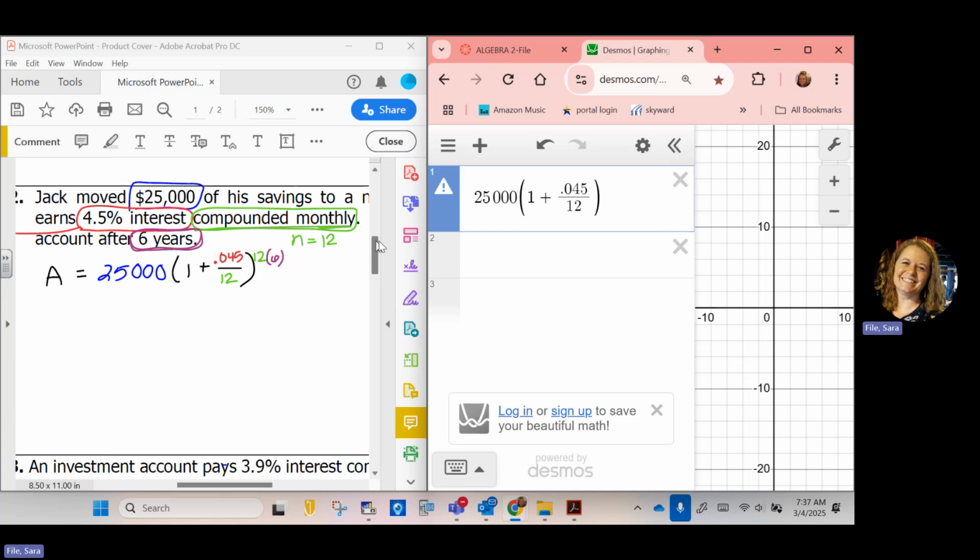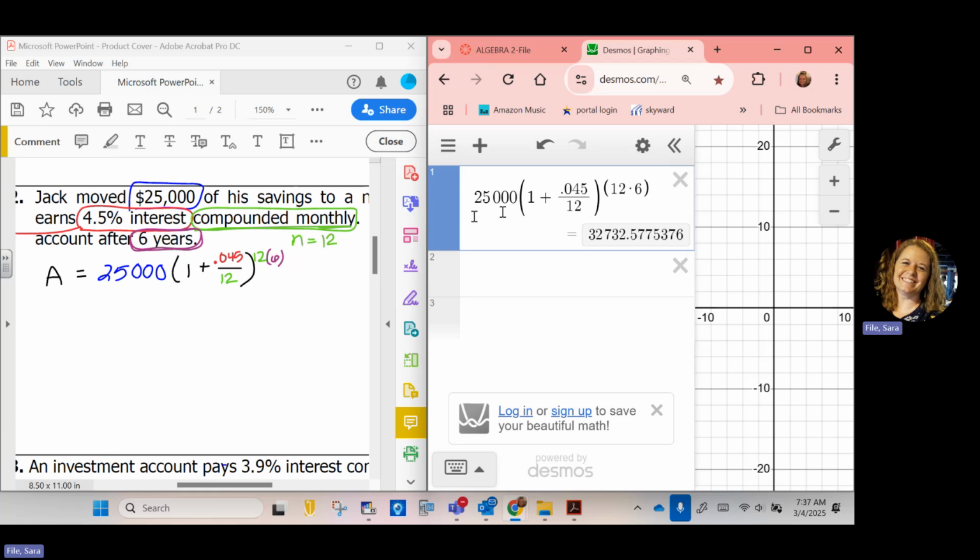If you know what that is, you can write it. If you don't, when you're up here, you can do 12 times 6, but you have to use parentheses because you're putting more than one thing. Okay.